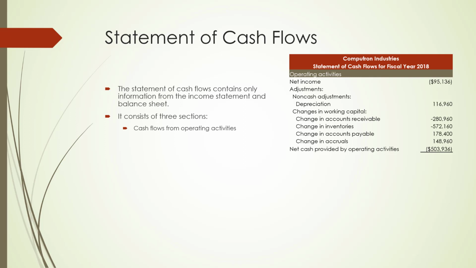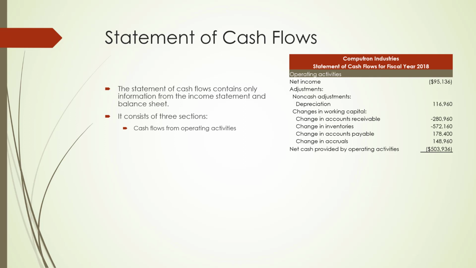This section of the statement of cash flows can be broken up into two parts. We have our basic cash flow measure, which is net income plus depreciation, and you see those at the top. And then we have changes in net working capital. So this would be changes in your current assets and changes in your current liabilities. Now, it's not exactly that.